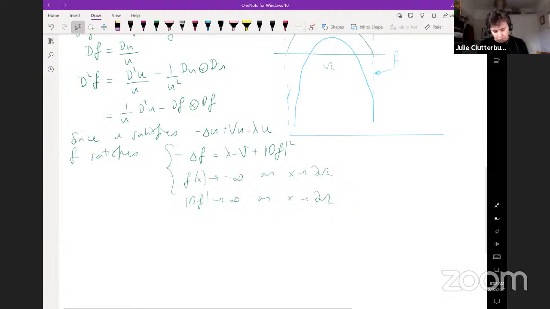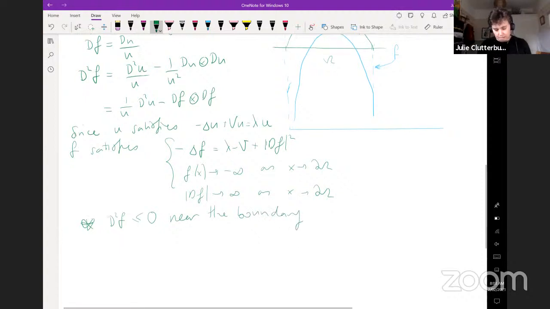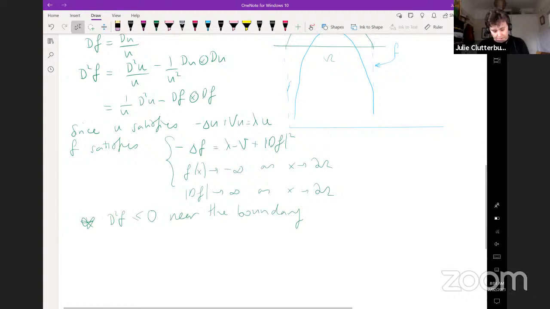So this is what we're claiming, that f is concave near the boundary, and we'll just do this by taking an orthogonal basis.